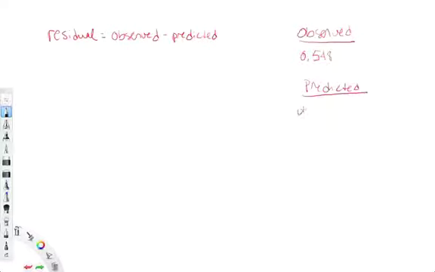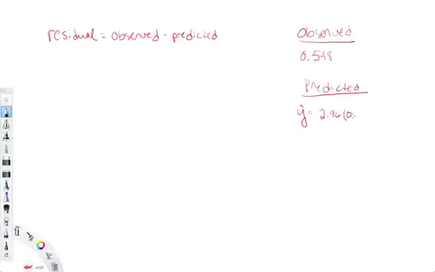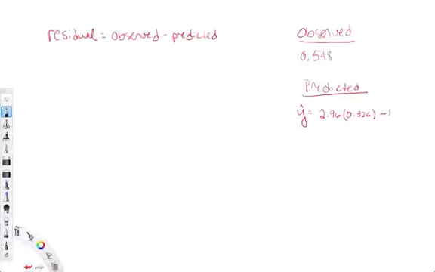So y hat equals 2.96 times the on-base percentage that we're given. I'll make sure I write it down right. Minus the y-intercept, which is 0.4871.